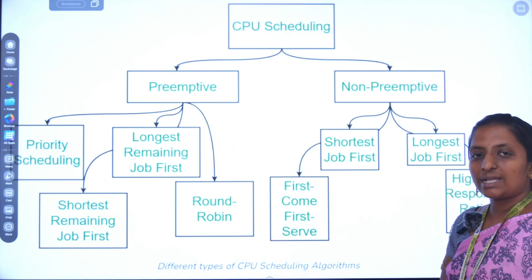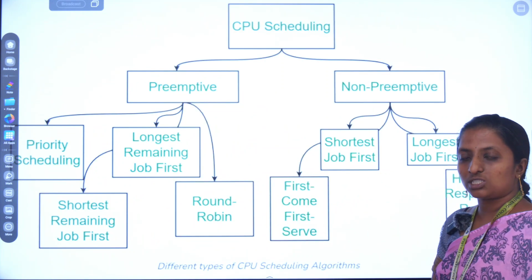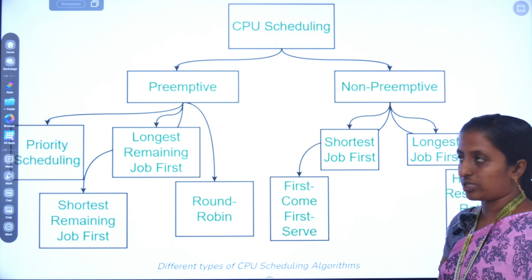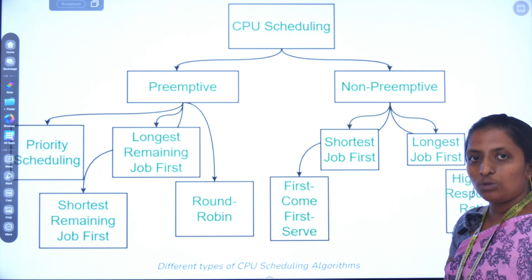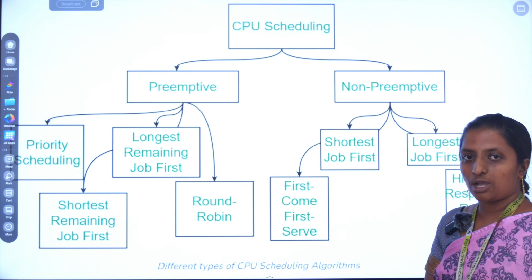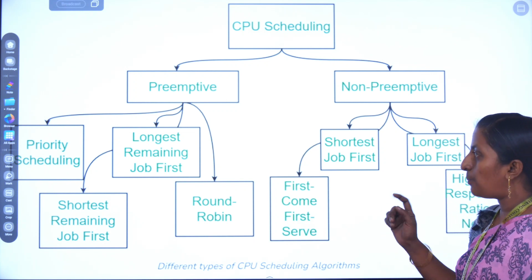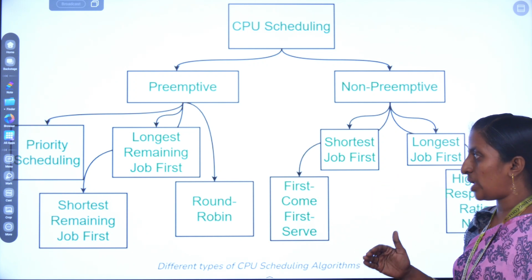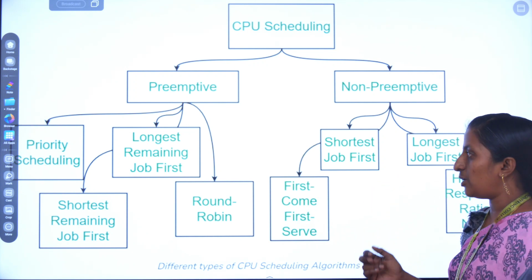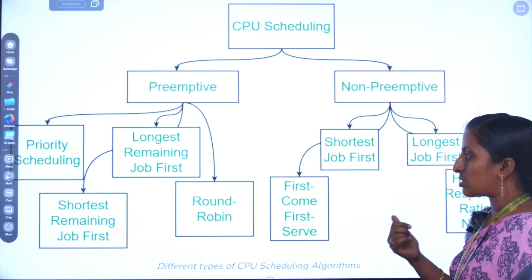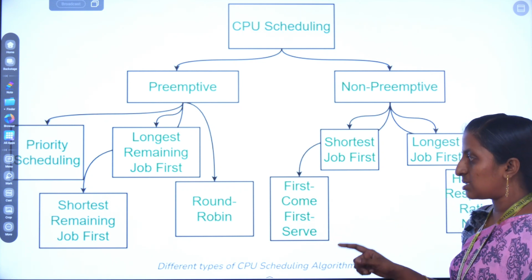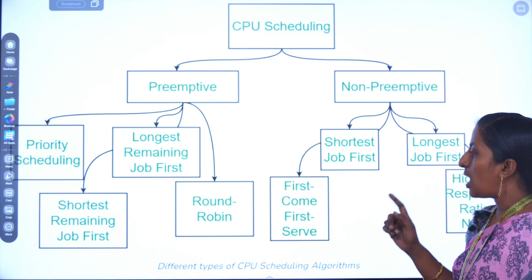So next we can see the overall classification of CPU scheduling algorithm. Basically, as I told before, there are two CPU scheduling algorithms. One is preemptive and another one is non-preemptive. Preemptive is again classified into four: priority scheduling, longest remaining job first, shortest remaining job first, and round robin.